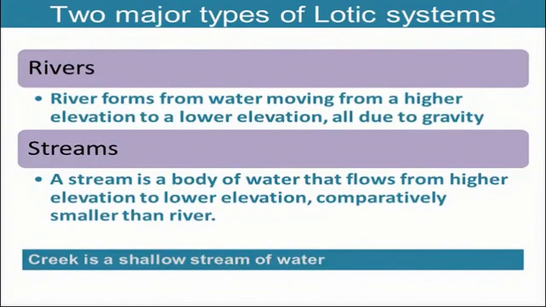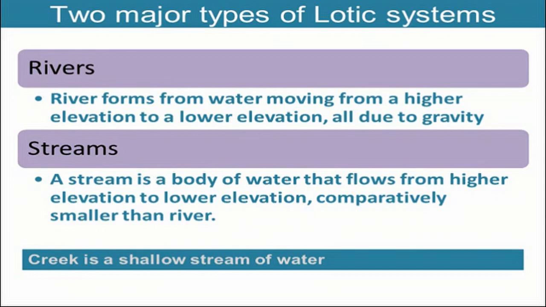Basically, across the world, 2 types of major Lotic systems are available. One is river. It forms from water moving from a higher elevation to a lower elevation, and this water moves due to gravity. And second is stream. A stream is a body of water that flows from higher elevation to lower elevation, and it is comparatively smaller than a river.